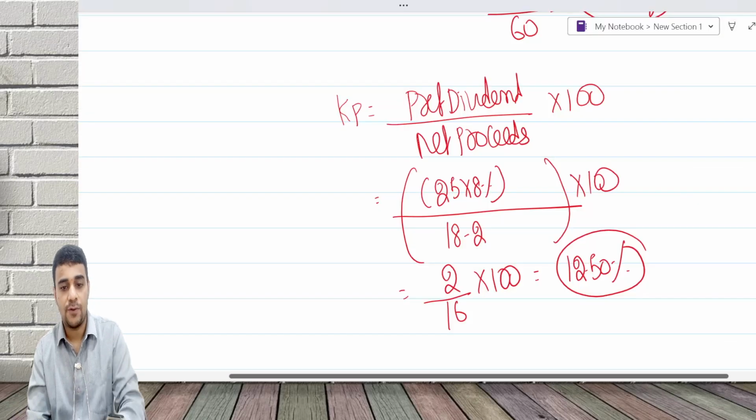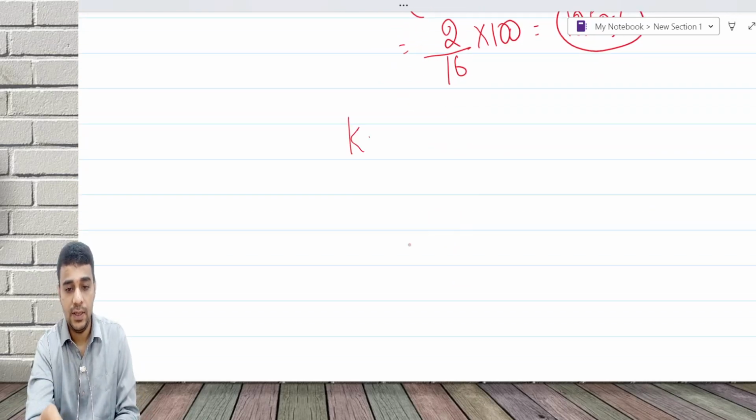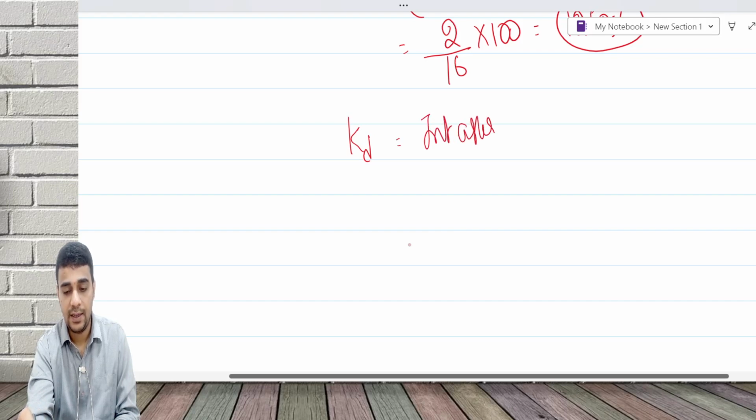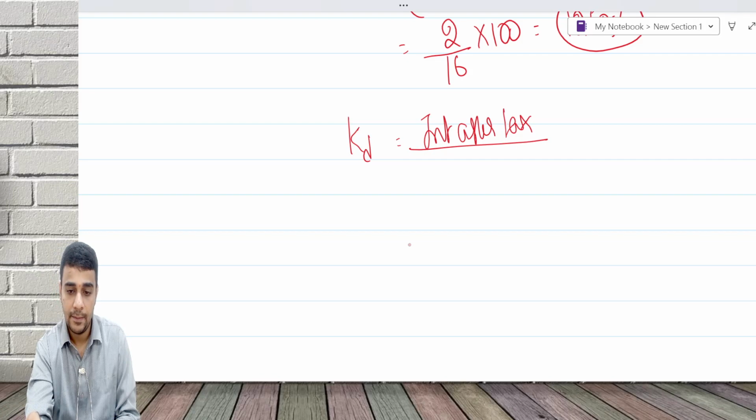Next is cost of debentures. Cost of debentures is equal to interest after tax divided by net proceeds.